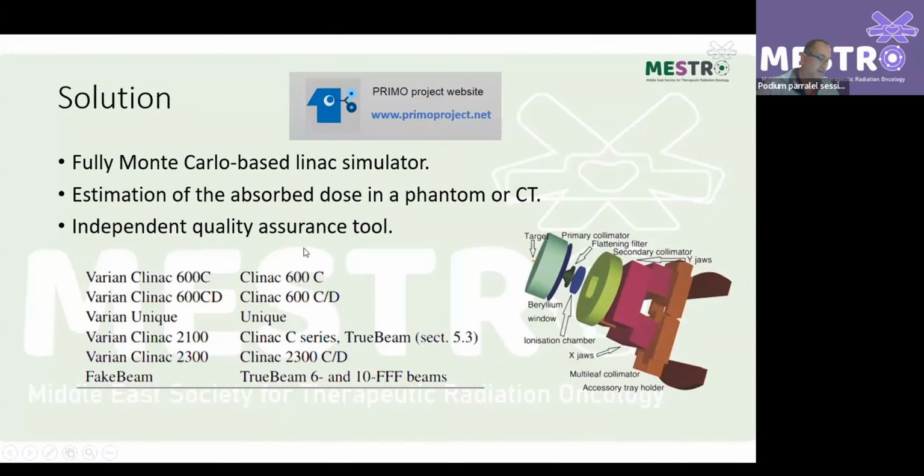PRIMO can simulate Varian machines, Elekta as well. By visiting the PRIMO project website, you can find a lot of information about the PRIMO authors, installation, manual, scientific articles, videos, and tutorials, everything you need to learn about PRIMO.